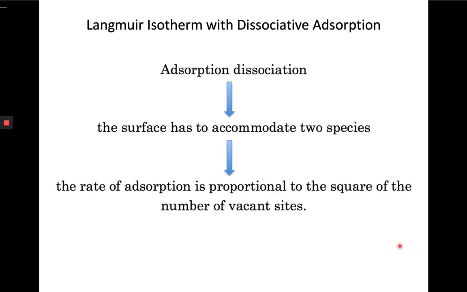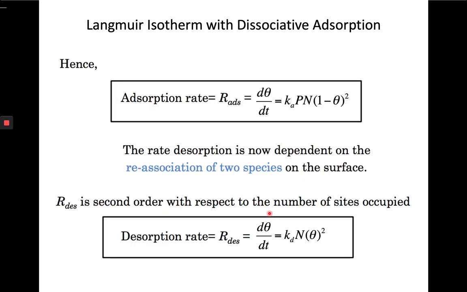Since the surface has to accommodate two species, the rate of adsorption is proportional to the square of the number of vacant sites. So the adsorption rate, R adsorption, equals d theta over dt, equals Ka P times (1 minus theta) squared. The rate of desorption now depends on the reassociation of two species on the surface.